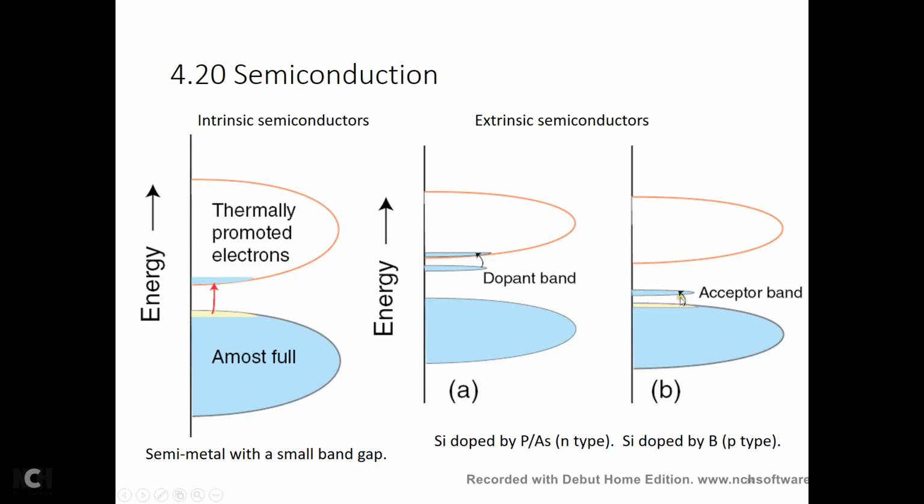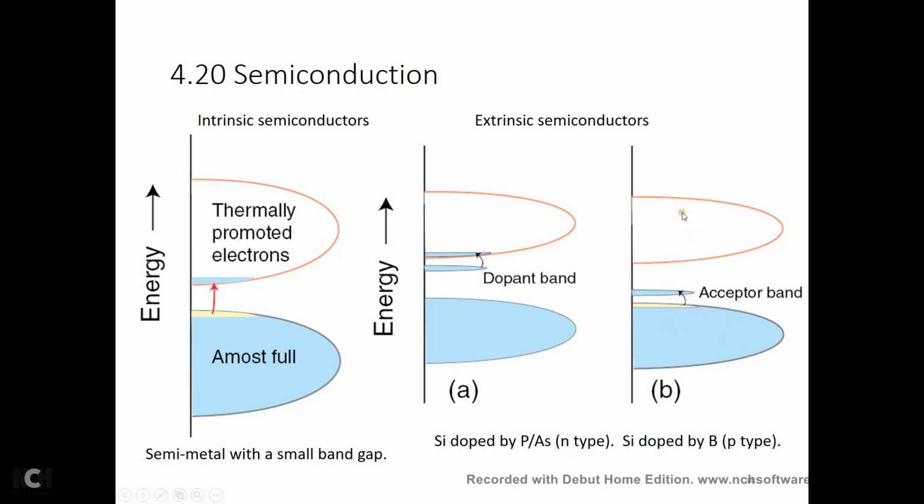And because these unfilled orbitals lay only a little bit higher than the valence band of silicon, again, it's very easy to promote electrons from this valence band of silicon to this empty band formed by the boron atoms.